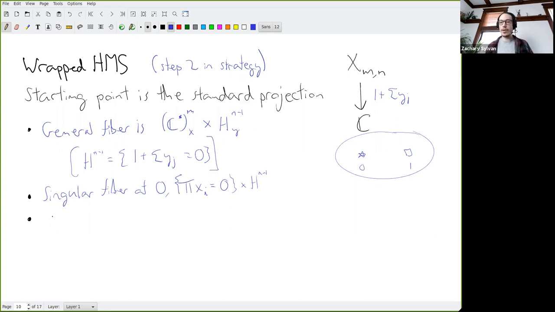This projection is smooth at 1, but there is essentially a singularity at infinity. So a special fiber at 1 is modeled on (C star)^m cross the sum of y_j equals 0, which looks like a C star times a lower dimensional pair of pants.